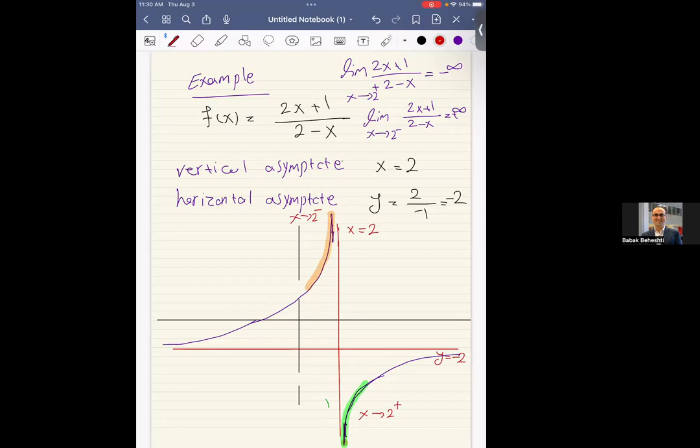And when x goes to infinity, the graph approaches the line y equal to negative 2. That's the horizontal asymptote. When x goes to infinity, the graph approaches y equal to minus 2 here, you see? Or also from negative infinity.